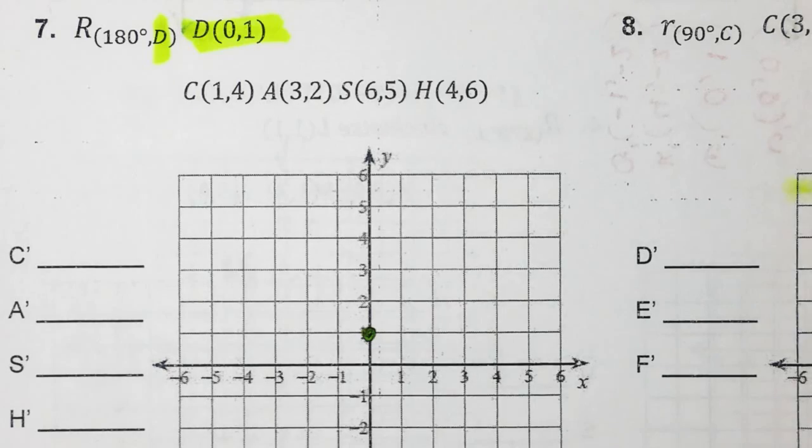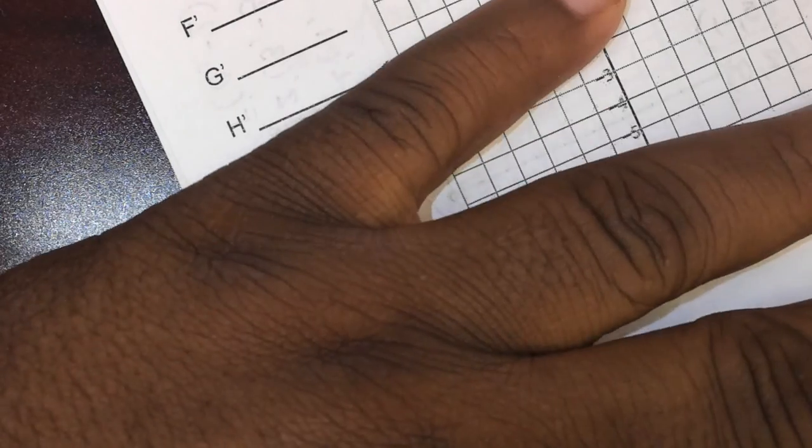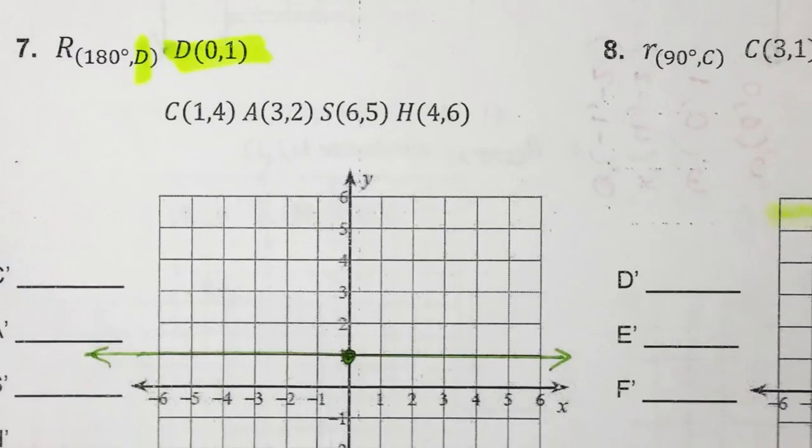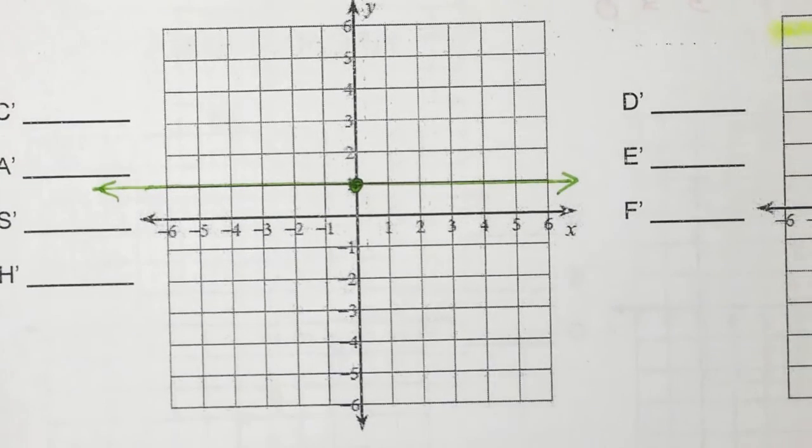That point. I'm just going to make a horizontal axis. The y-axis I can use as my vertical. So I just put that line on.